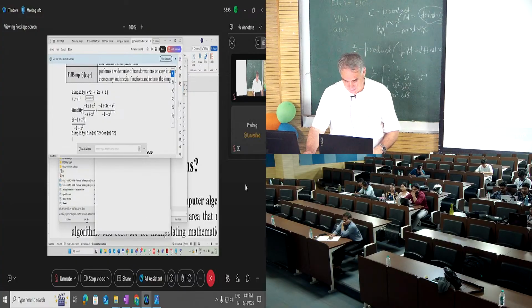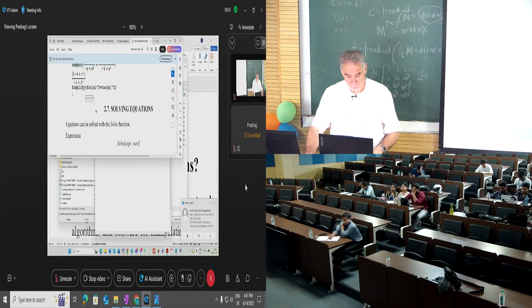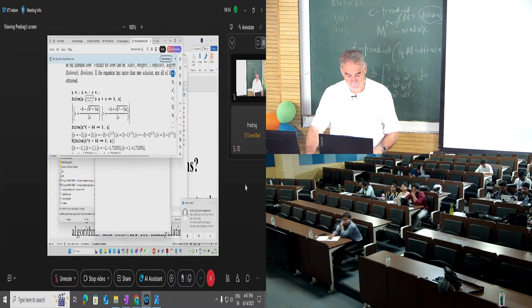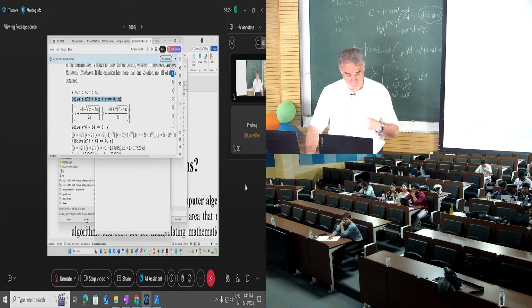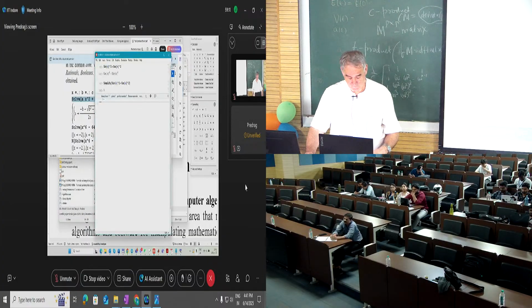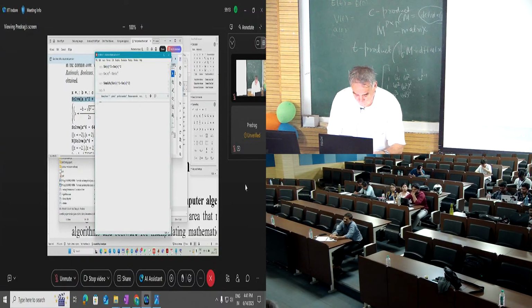Simplify, if I use it here. We can solve equations. A space x square, because if we don't put a space, it will be one variable ax.